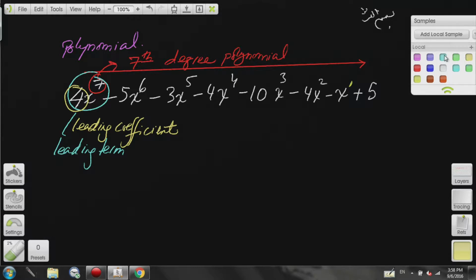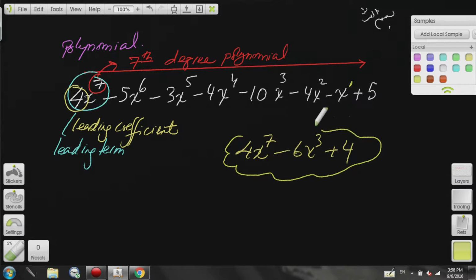One thing I wanted to bring to your attention is, for example, 4x to the 7th minus 6x cubed plus 4. Now this is also a polynomial. This polynomial has 3 terms, right? And what's the degree of this polynomial? This is still a 7th degree polynomial. So this is a 7th degree polynomial with 3 terms, and this is a 7th degree polynomial with 8 terms.